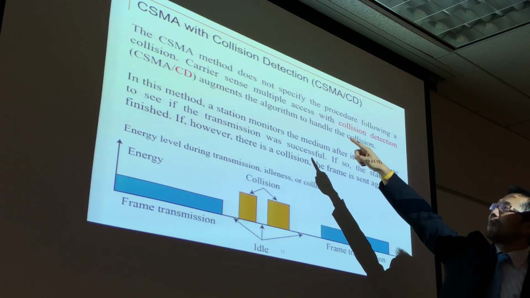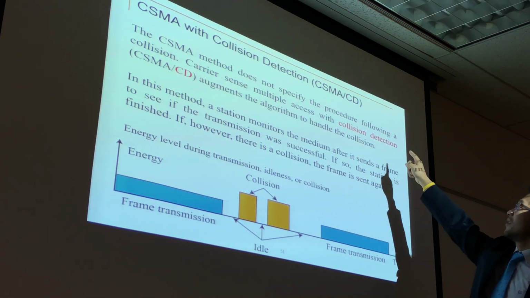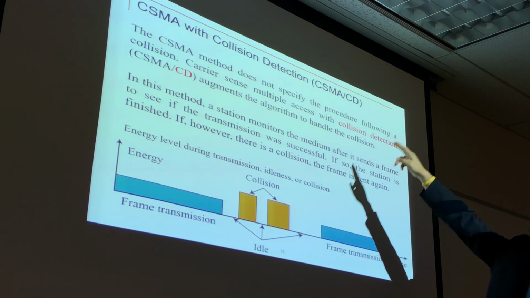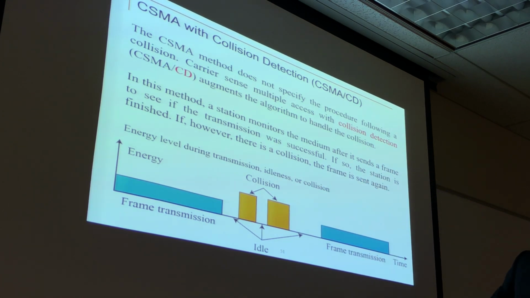Carrier sense multiple access with collision detection. So CSMA is carrier sense multiple access. CD is collision detection. Actually use that collision signal to identify possible signal conflict.